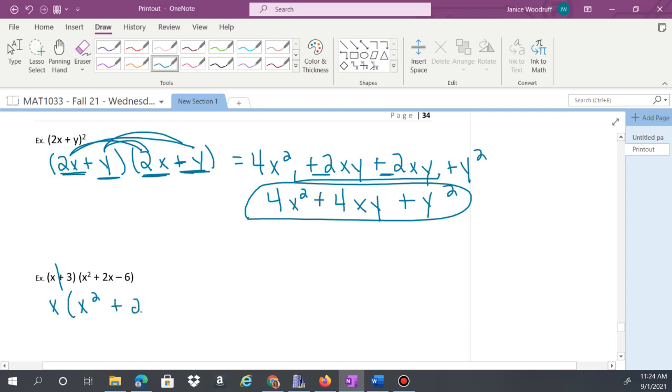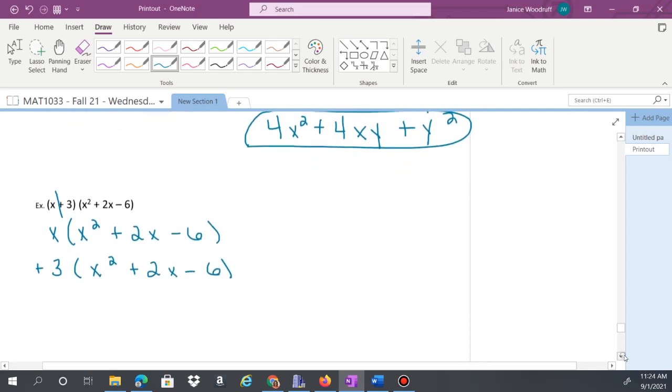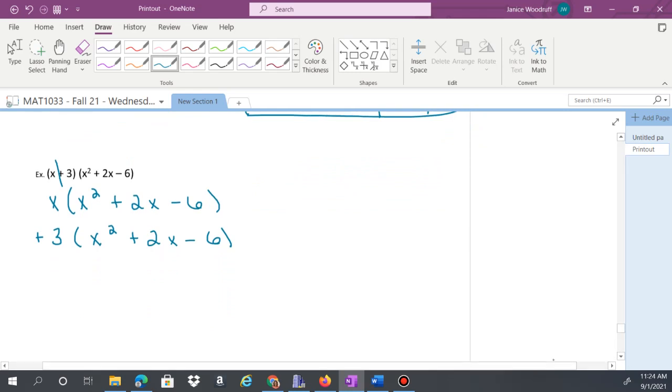So x squared plus 2x minus 6. And then I'm going to go positive 3 times the second polynomial here. Then I'm going to do the distribution for both of these, and then I'll combine like terms at the end. And that just helps me keep everything neat.